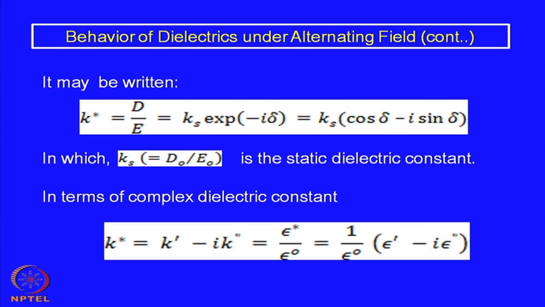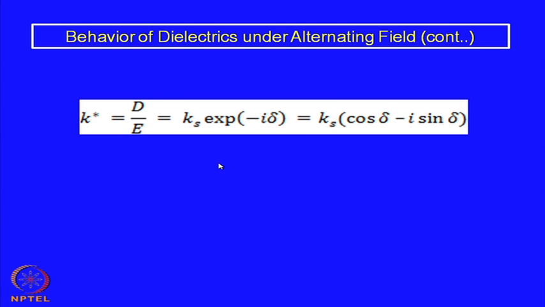That means whatever the k value of the dielectric constant under a DC field, that becomes k s, that is a very low frequency dielectric constant. Okay. In which k s is also represented by D0 by E0, which we have seen earlier.